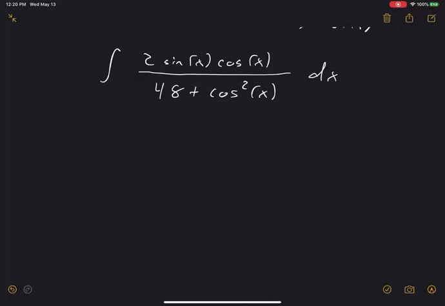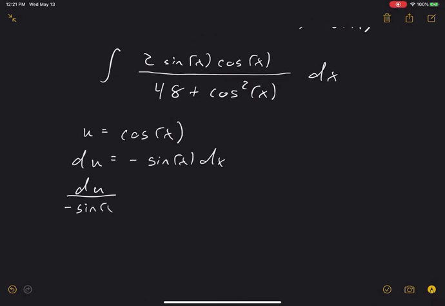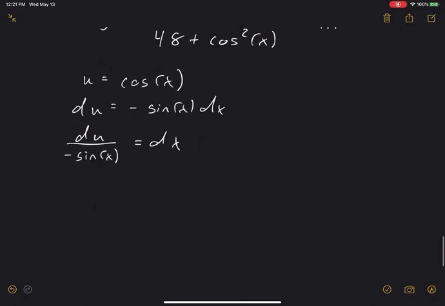I've got cosine down here. Maybe I should do u equals cosine of x. Let's see how this plays out. du would be negative sine of x dx. Let's go ahead and make our substitution.